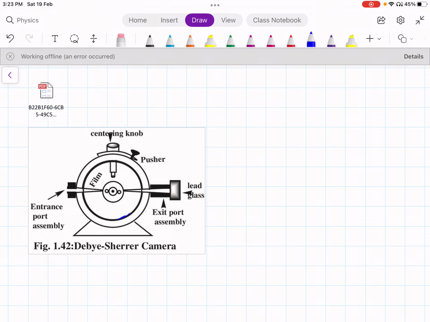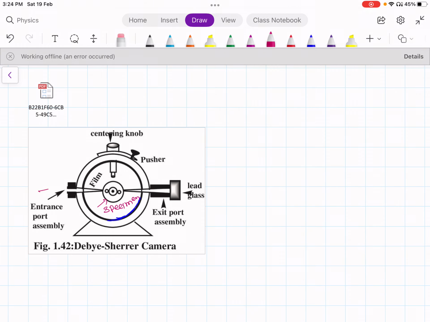This dark black line is the X-ray film, which is fixed at the perimeter of the cylinder. And this is the specimen, which is exactly on the axis of the cylinder.